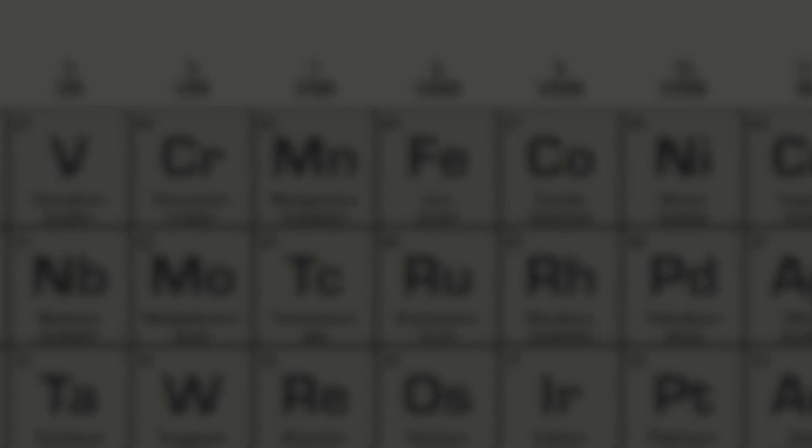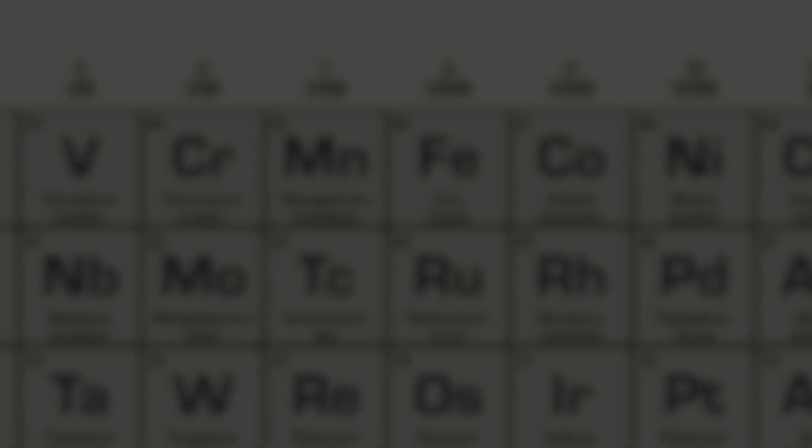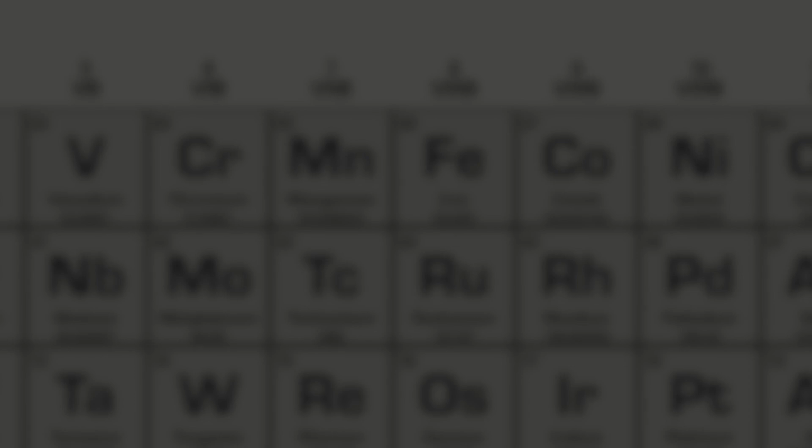Both lanthanides and actinides are essential in understanding the behavior of heavy elements and the organization of the periodic table. They present challenges in classification due to their similar properties and the need for specialized techniques to study and manipulate them.